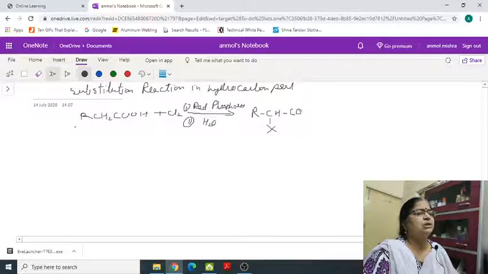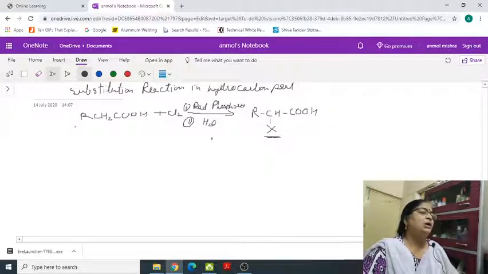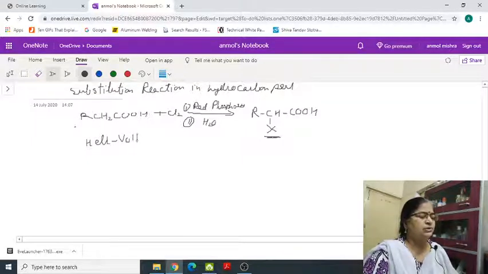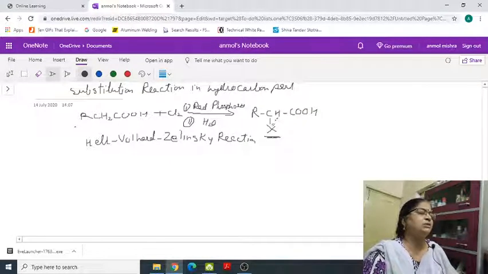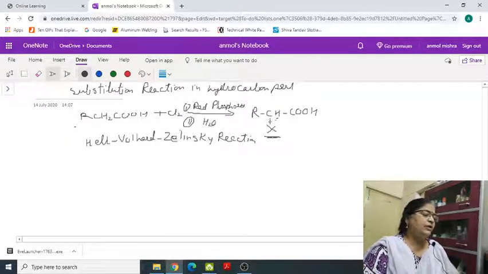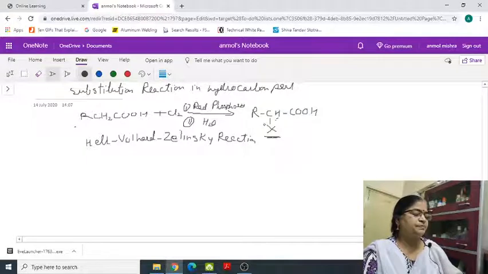This reaction is known as Hell-Volhard-Zelinsky reaction. So only the alpha hydrogen atoms are replaced.